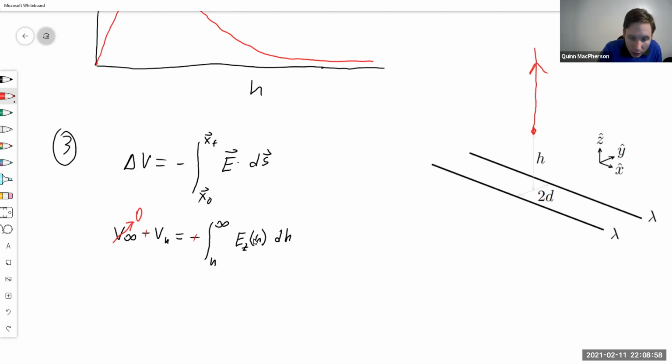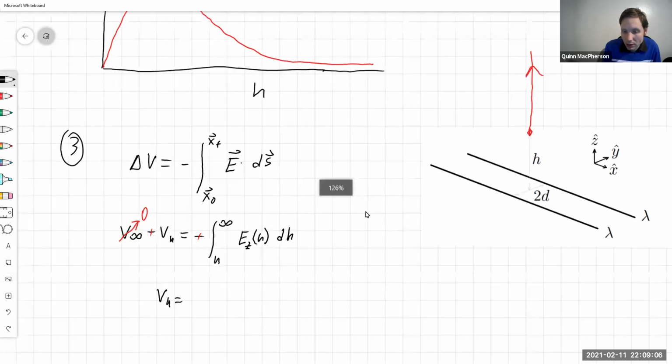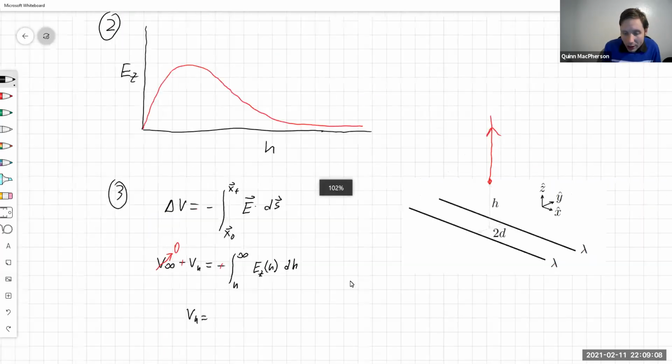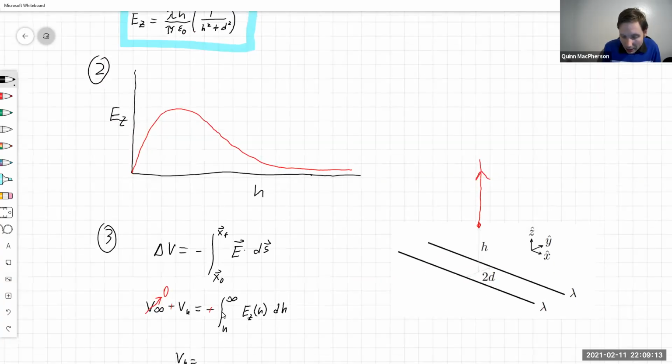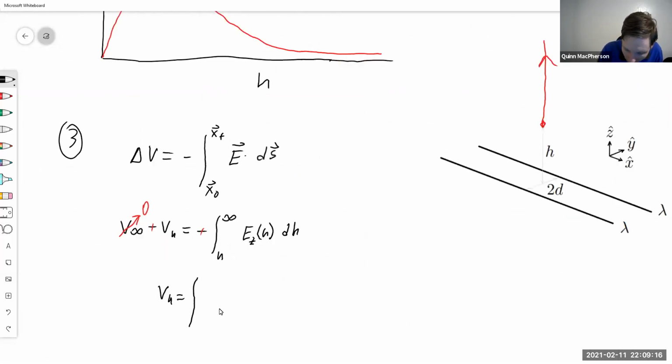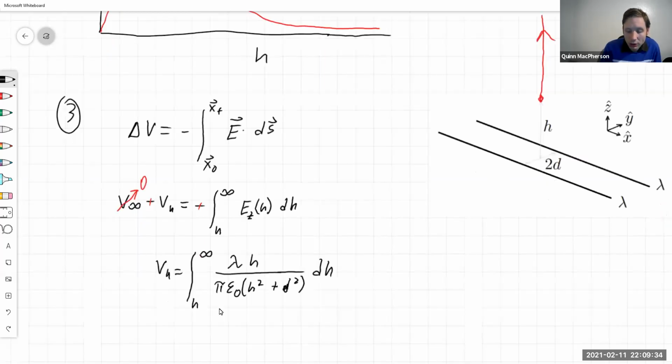So V of H is equal to, and you can look back up at what E is, it's this ratio right there, I plug this in right here, and I get the integral from H to infinity of lambda H over pi epsilon naught times H squared plus D squared dH. You can look up this integral.